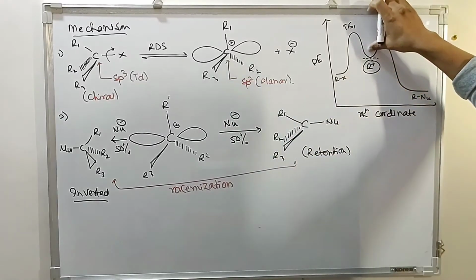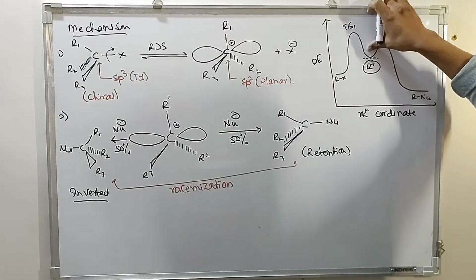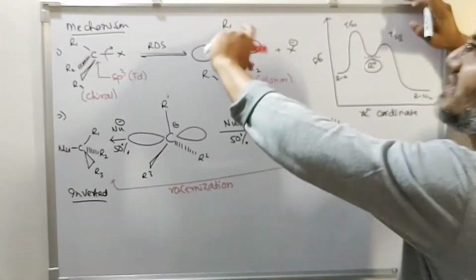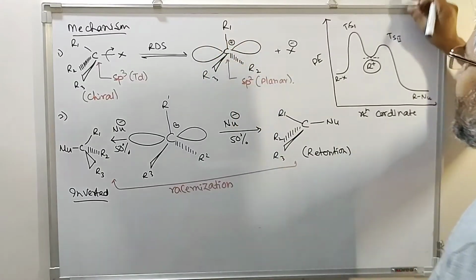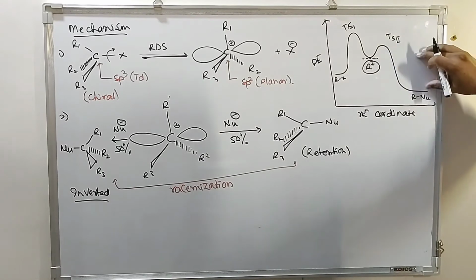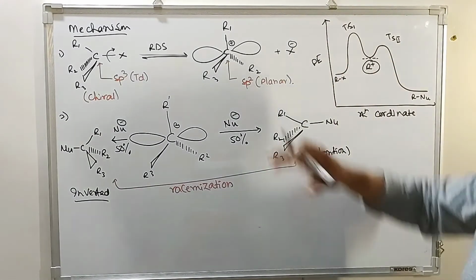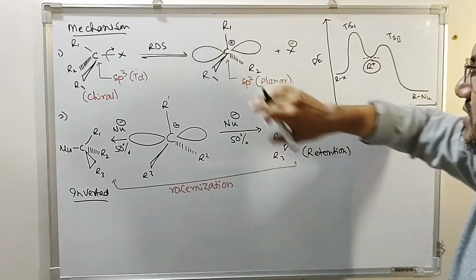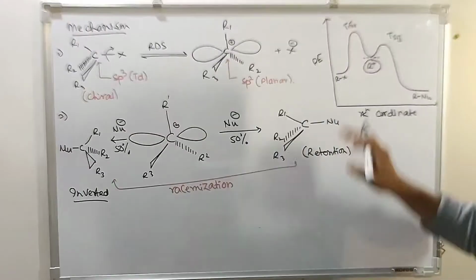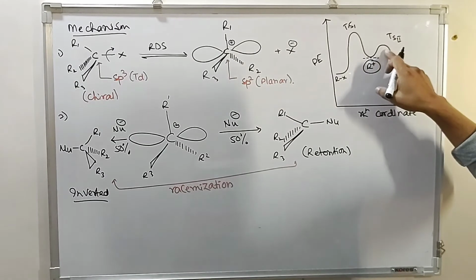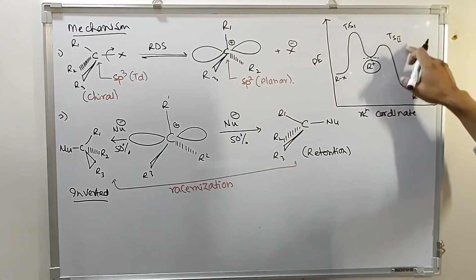So this stability increases, potential energy decreases. Now, this being stabilized by solvent, before this reacts to give you the product, the layer of solvent should be removed so that we have this free cation. So this removal of the layer of solvent again requires energy, so this slightly increases.